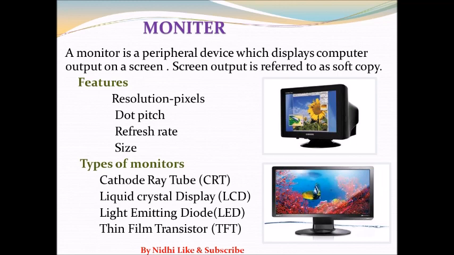The next type of monitor is the LCD, liquid crystal display monitor. They are relatively thinner and lighter than CRT monitors. They use the light modulation properties of liquid crystals, and these crystals do not emit light directly. They save a lot of space and can be mounted on walls. They provide wide viewing angles and come in various sizes, from 17 inches to 60 inches.